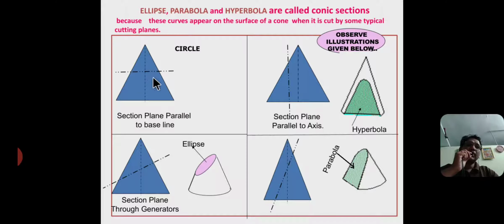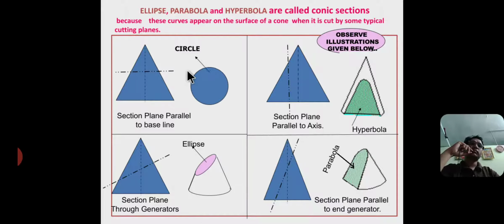When the cutting plane cuts all its generators and is perpendicular to the axis of the cone, then the section is called circle.